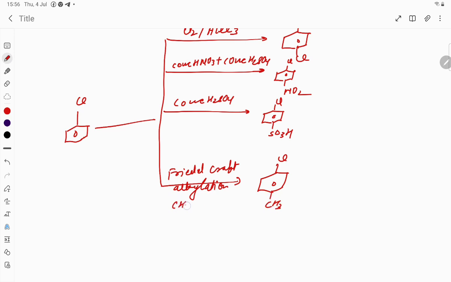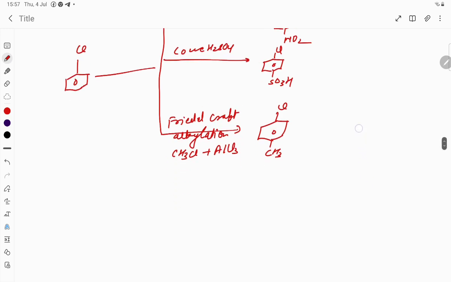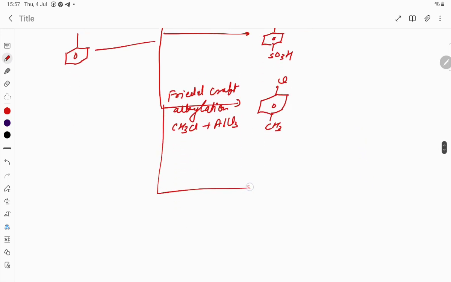You have to take CH3Cl plus anhydrous AlCl3. Another thing you can take, student, is Friedel-Crafts acylation. Acylation means CH3COCl plus AlCl3. Now what are you going to get, student, here?